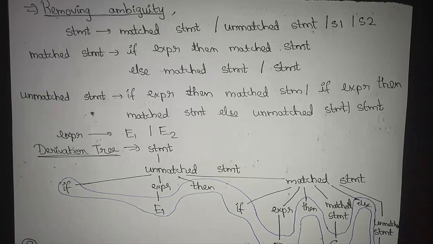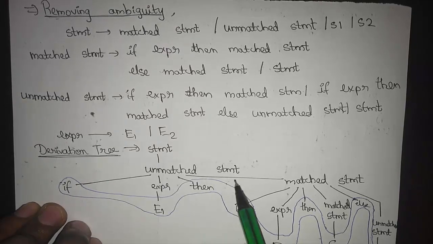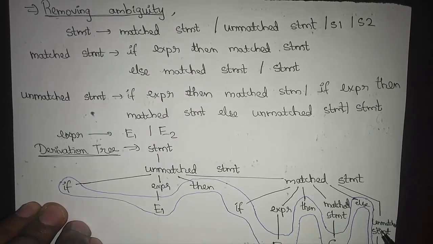We might get, let's say, if A1 else A2, that's just terminating. If we have another case like if A1, if A2, if A3, else A2, that might be the case of the dangling else problem. So we have possibilities wherein first we have the unmatched statement, and then we end at the matched statement.